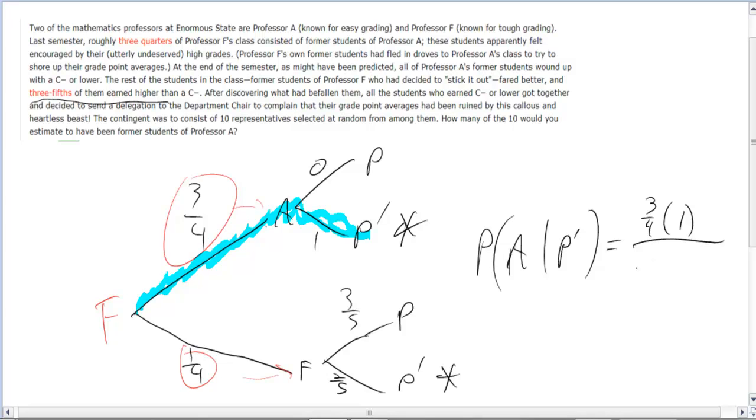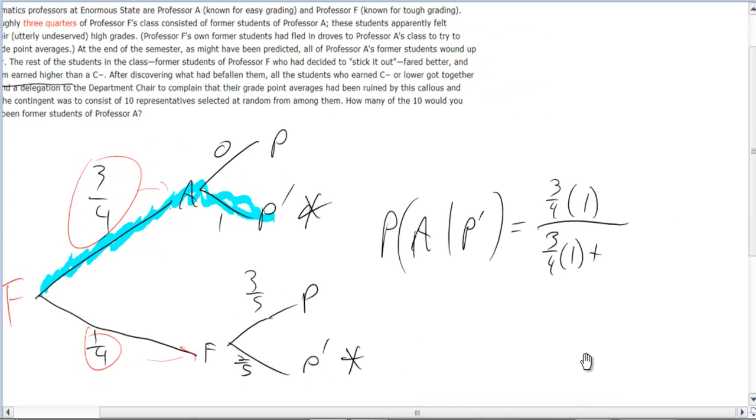In our denominator that branch still holds, so it's 3/4 times 1 plus, and now we have to get the other potential branch, which you can see hiding right down here. That still leads us to all the students who failed, because they're only getting together students who did not pass. So we say that's also plus 1/4 times 2/5.